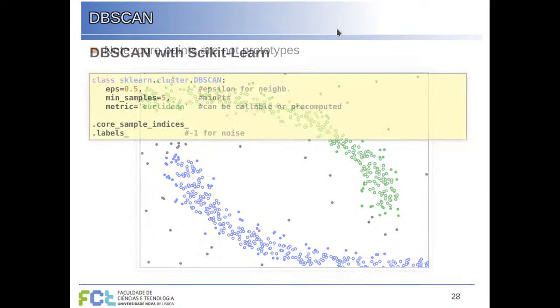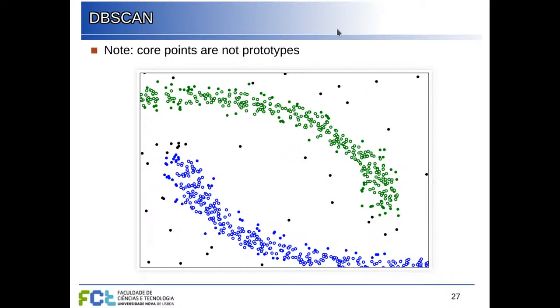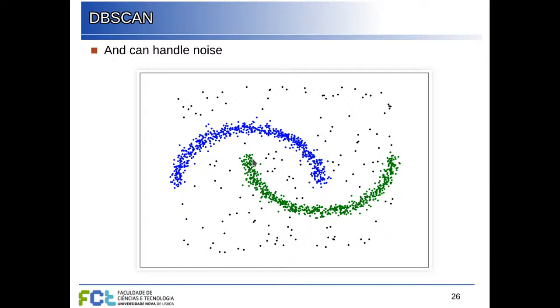So this density-based clustering avoids some problems with prototype-based clustering. Basically, this issue of assigning points to a cluster whose prototype is closer. Since we don't have that problem, we can easily find that this is one cluster and this is one cluster here.